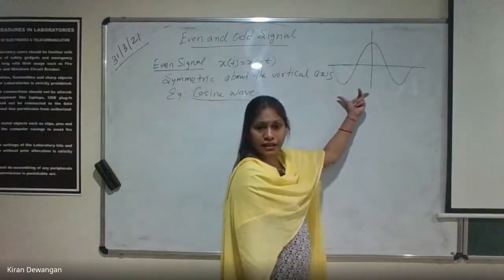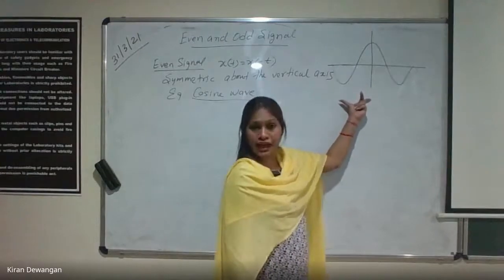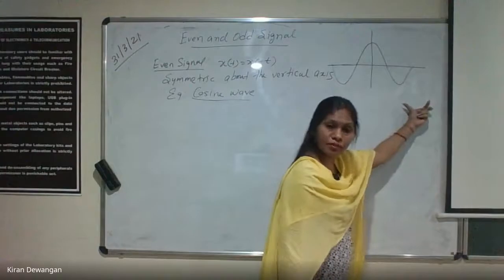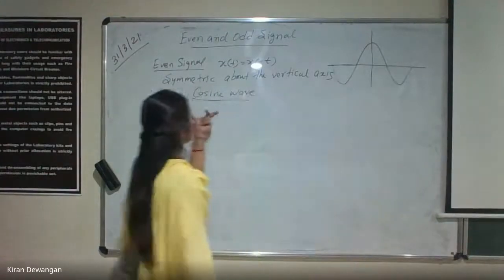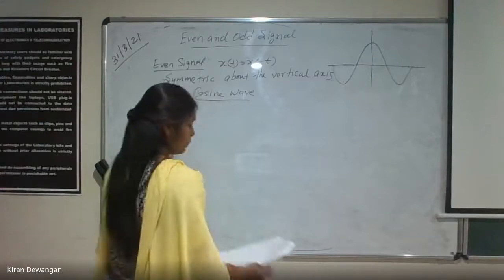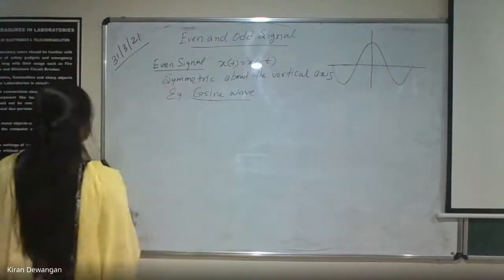Since it is symmetric about the vertical axis, whatever is at the negative t side, the same will be plotted for the positive t side. So the cosine wave is an even signal. That is the simple example of an even signal.